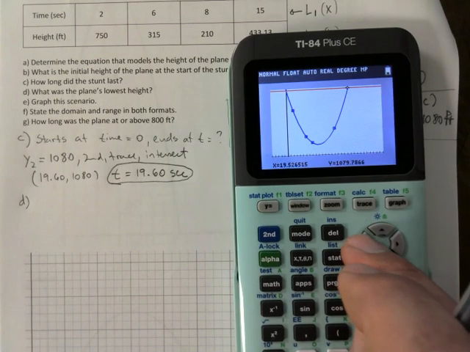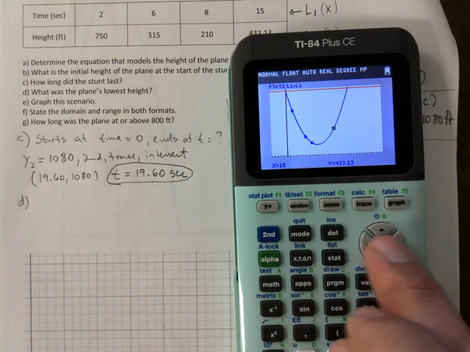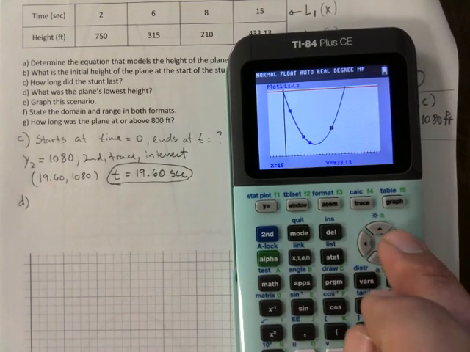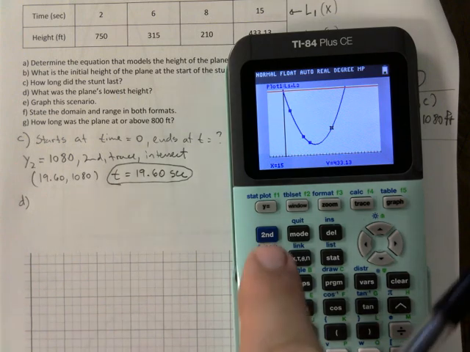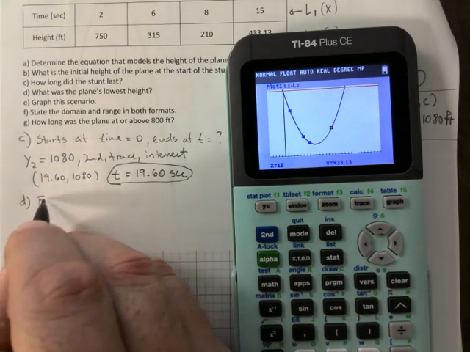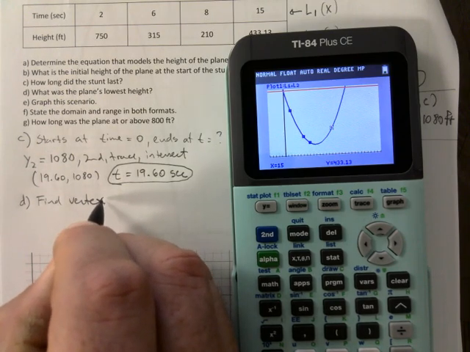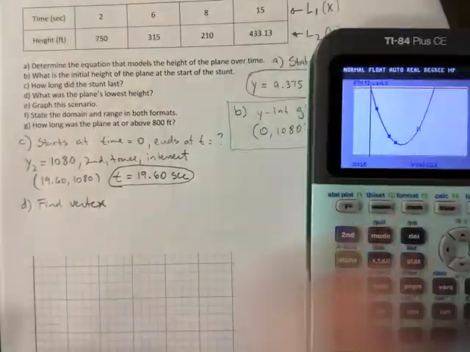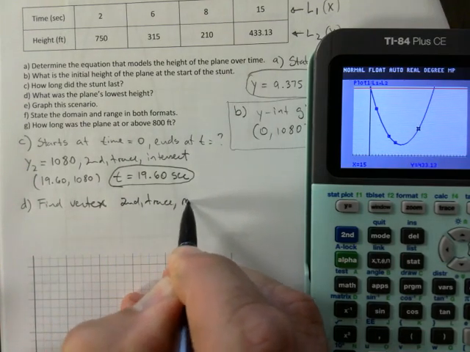Some students do trace and then they'll just hover over it, but don't do the cursor thing. Just find the vertex, right? I'm actually telling you what I'm doing, right? So I'm going to go second trace min, right?